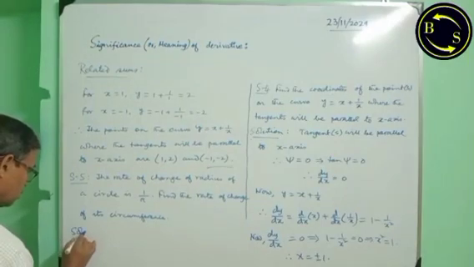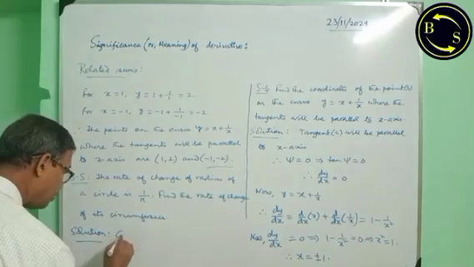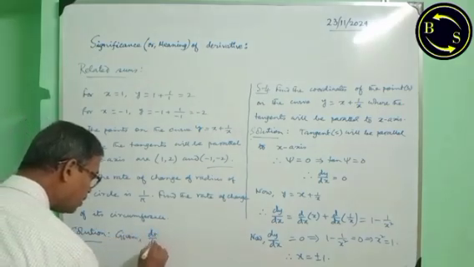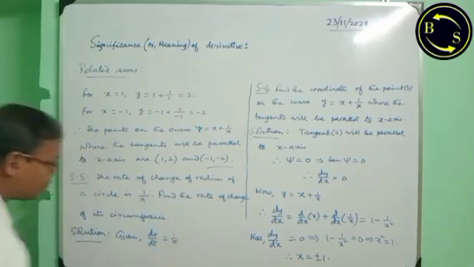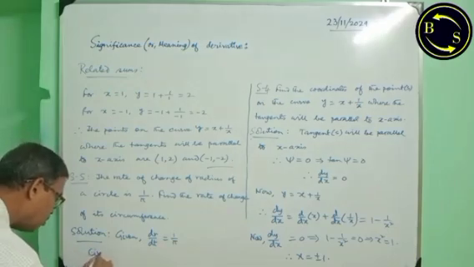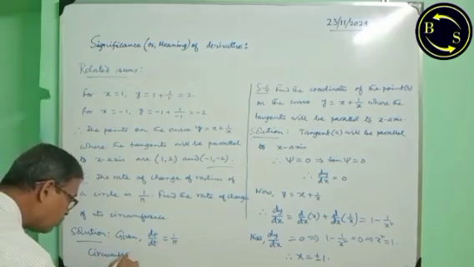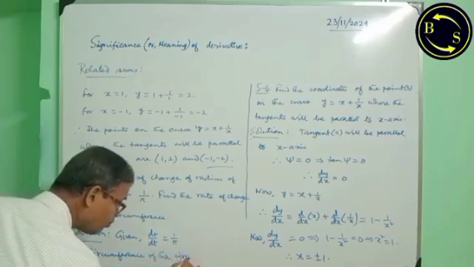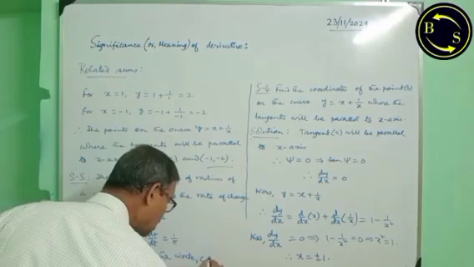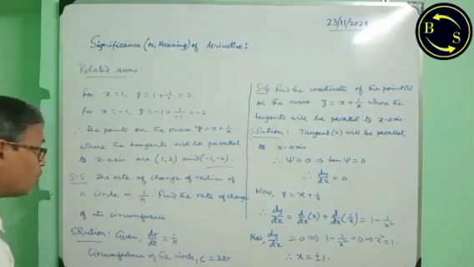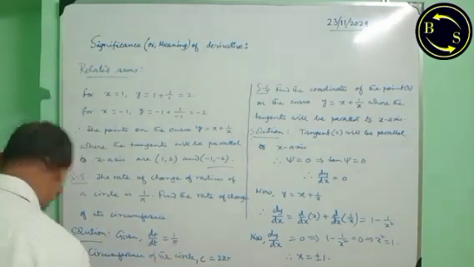Solution. Given dR/dt is equal to 1 by pi. Circumference of the circle C is equal to 2 pi r. We have to find the rate of change of this circumference.